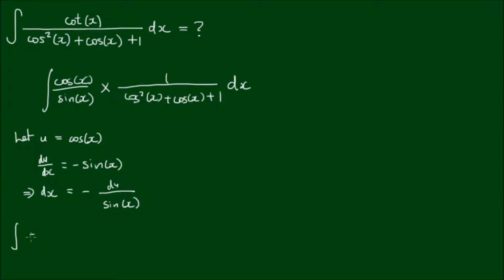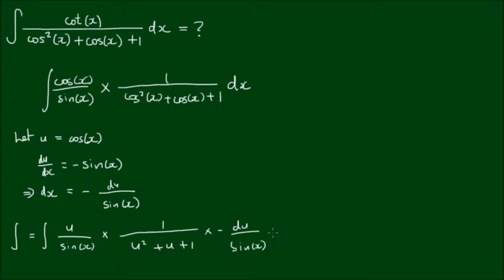So the integral becomes the integral of u on sine x by 1 over u squared plus u plus 1 by negative du on sine x, and this simplifies to the integral of negative of u on sine squared x by u squared plus u plus 1 du.